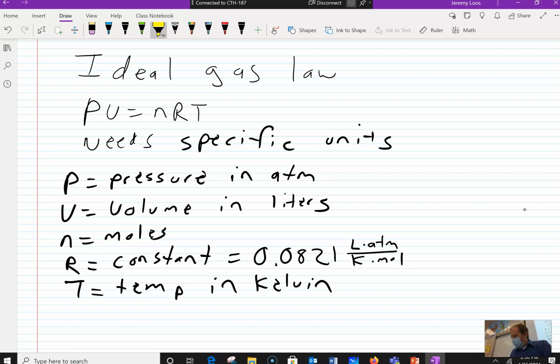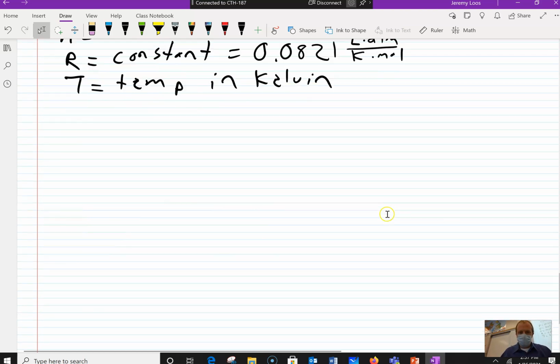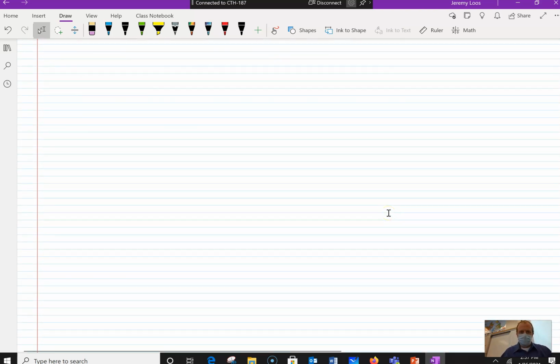So let's look at some examples. You're getting the combined gas law, the ideal gas law, the value for R, all the stuff on the top of that review assignment.